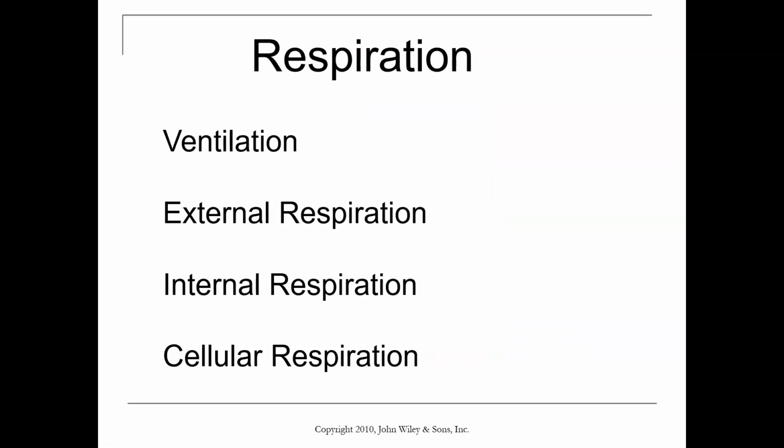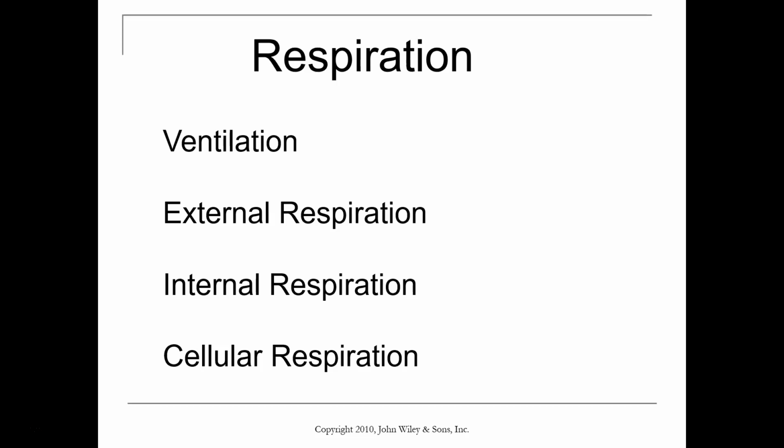Now, as far as the physiology of it goes, respiration is, we're going to talk about at least the first 3, not much about the last one, but let's just skip down to this last one for a minute. Cellular respiration is the whole reason we have to breathe.